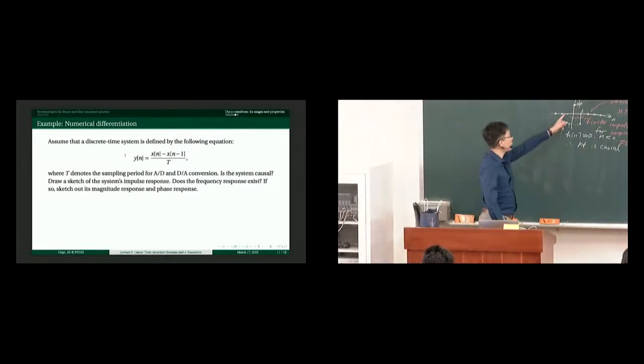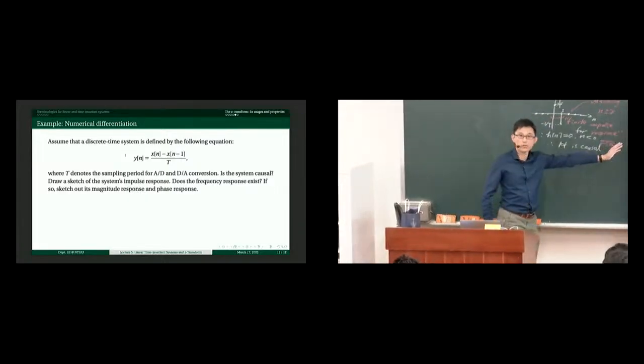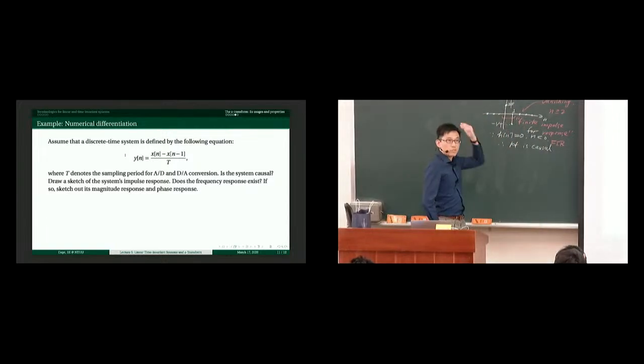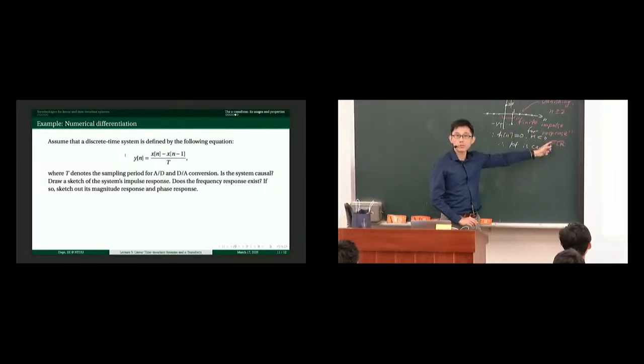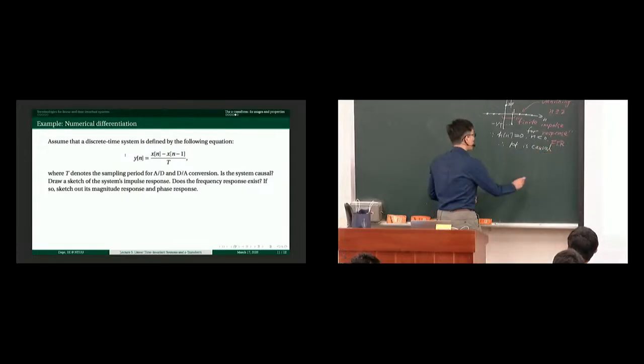And there's another class of system where the impulse response lasts forever, theoretically, like exponential decay but lasting forever. For those kinds of systems, we call them infinite impulse response, or IIR, where the first I stands for infinite.